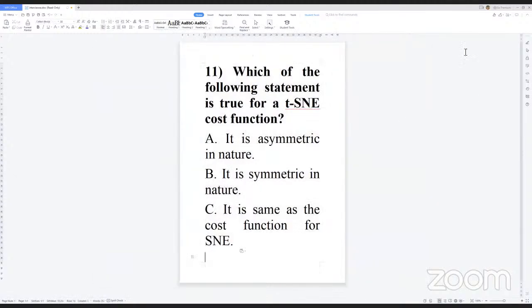So the 11th question: which of the following statements is true for the t-SNE cost function? Yeah, I already explained for question number 10. t-SNE has a quadratic time and space complexity.